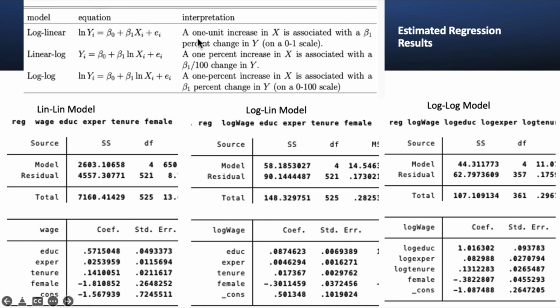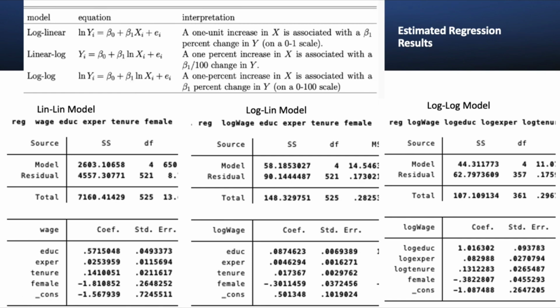And how you interpret the coefficients changes when your econometric equation is in whichever form it is. In the case of the log formulation of the equation, this beta 1 over here is interpreted as a percentage change.